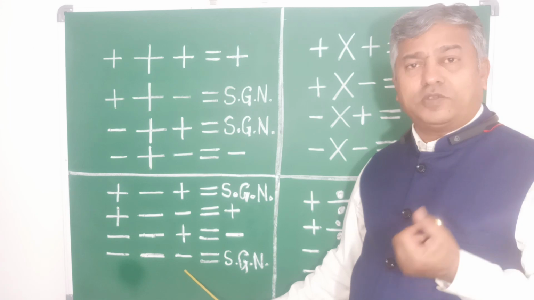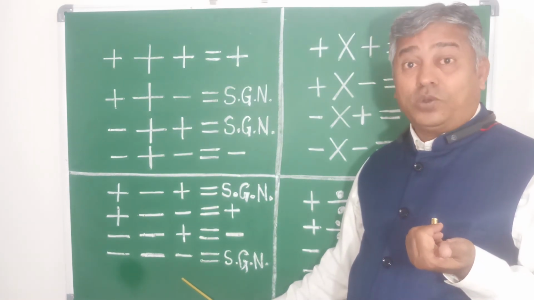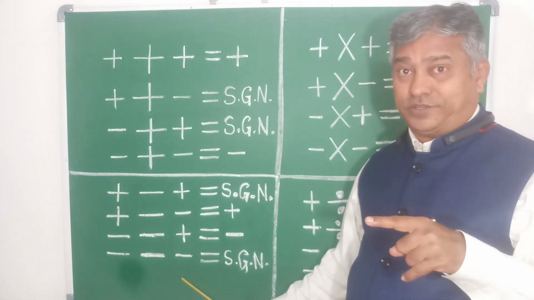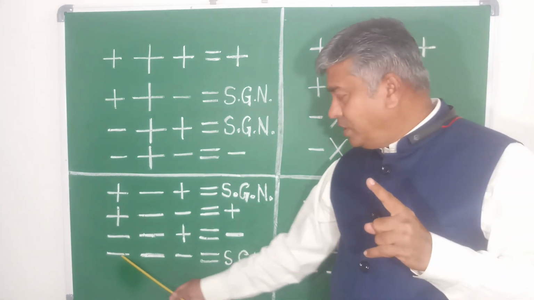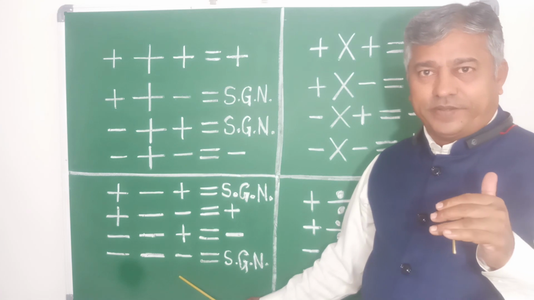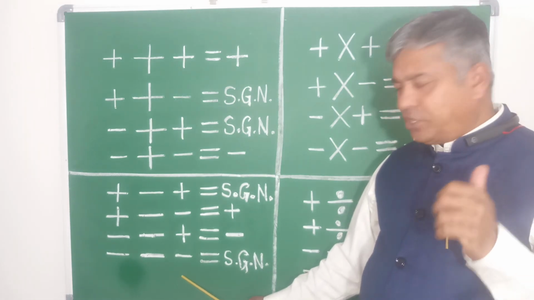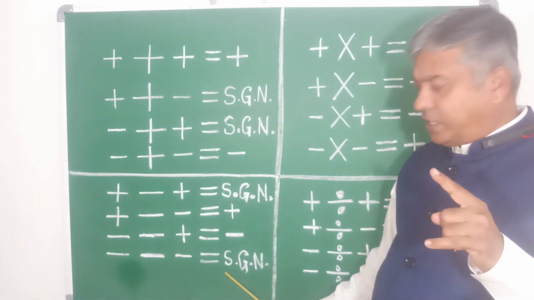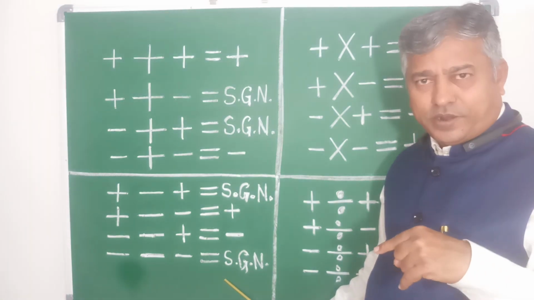This negative becomes positive. So here the subtraction of such numbers should be subtracted and reduced, and then the sign should be taken of the greater number.